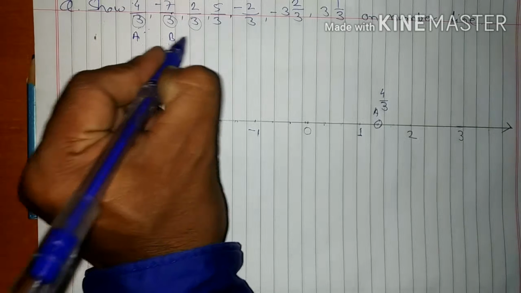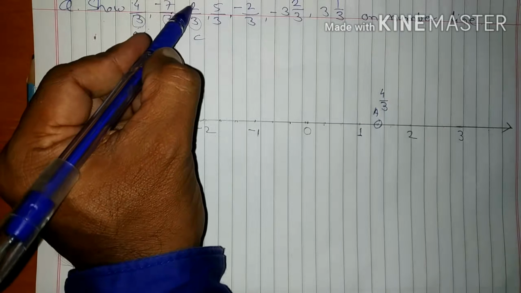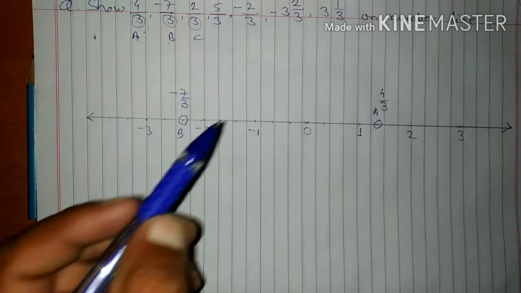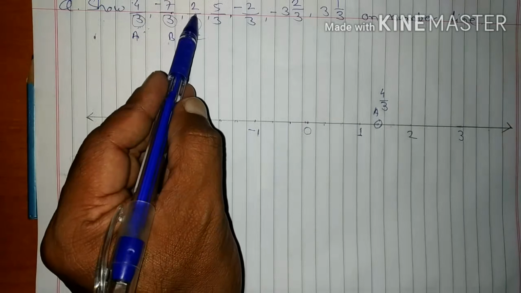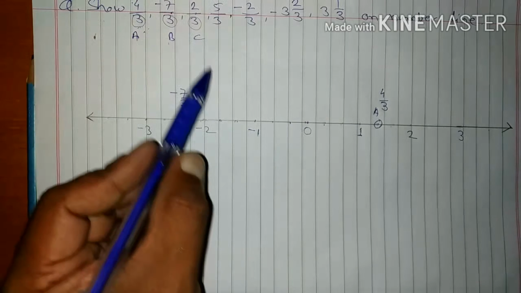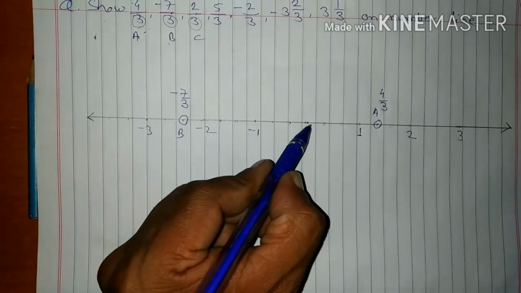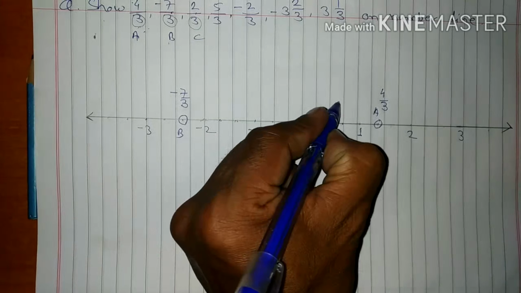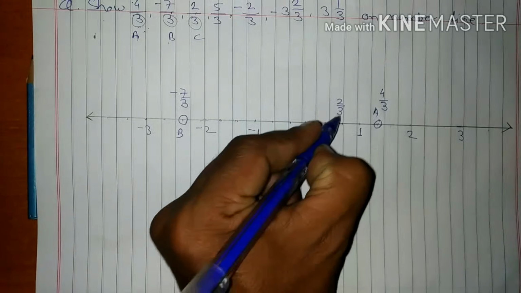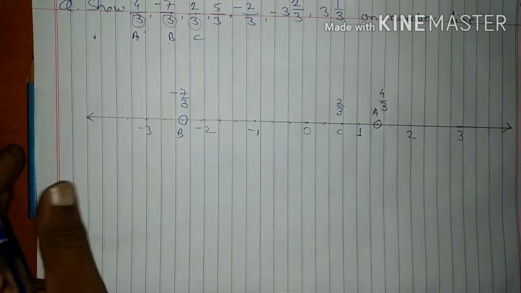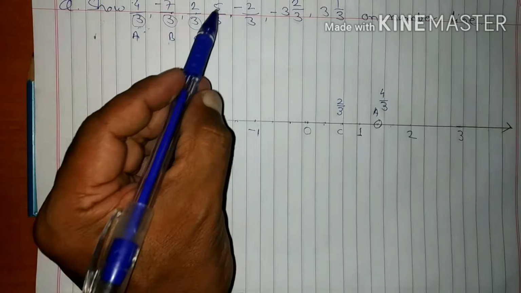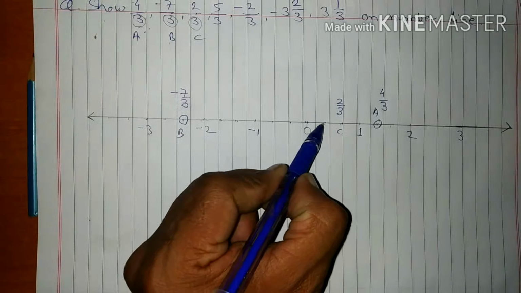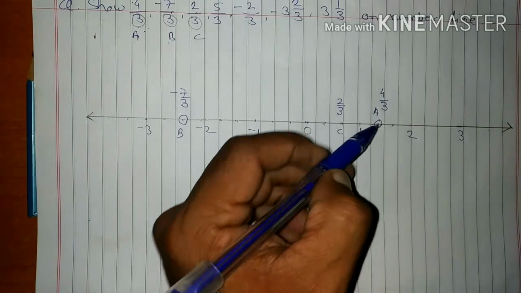A, B. Now where is C? C is 2 upon 3. So number is positive, numerator is 2, means we have to show second partition. 1, 2, 2 upon 3. This is point C, 2 upon 3. Next 5 upon 3. 1, 2, 3, 4, 5.